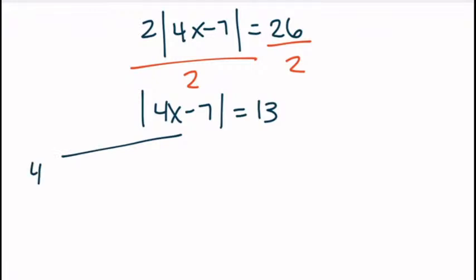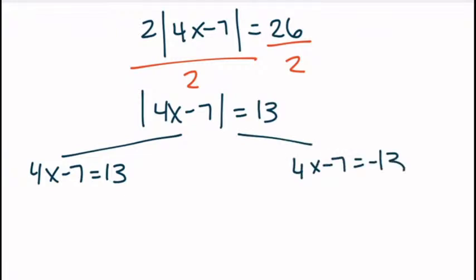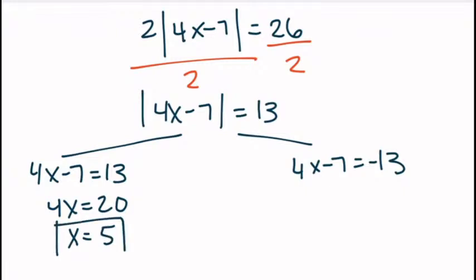Divide that up. 4x minus 7 equals negative 13. And then add 7 on both sides, get 20. Divide by 4 on both sides, you get 5. So our first answer is x equals 5.